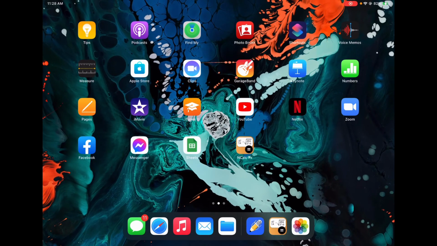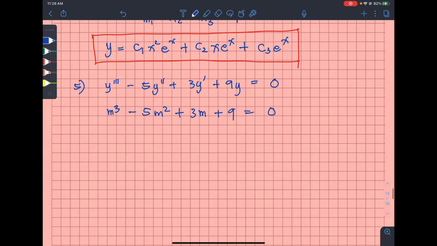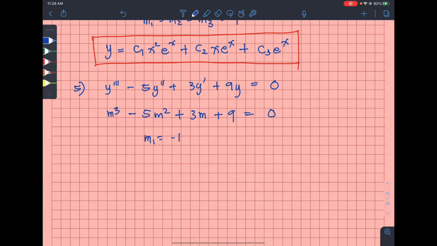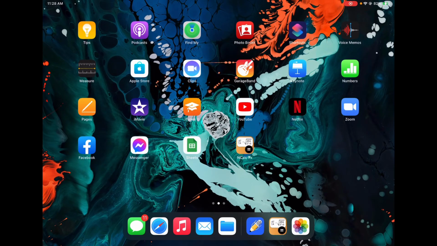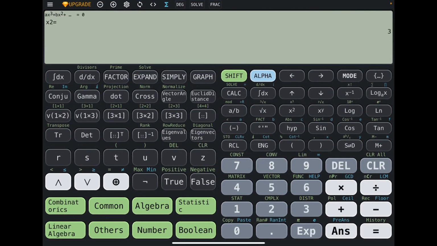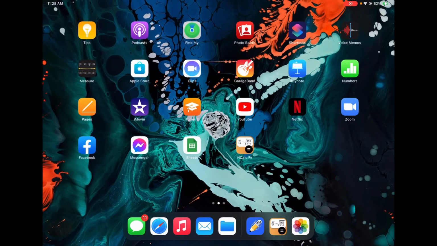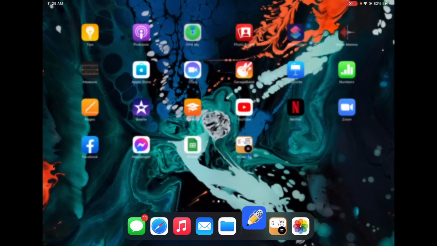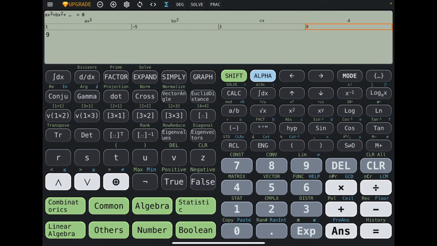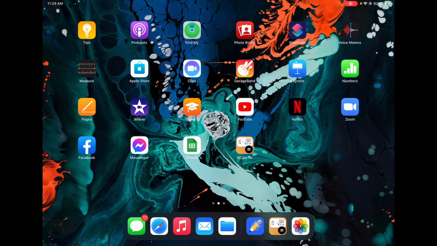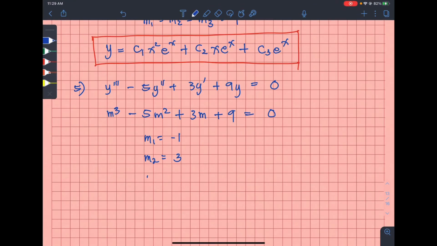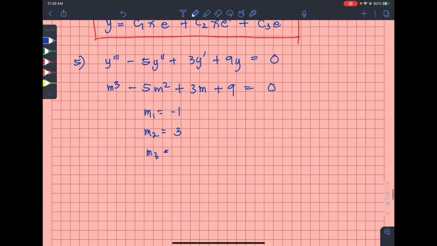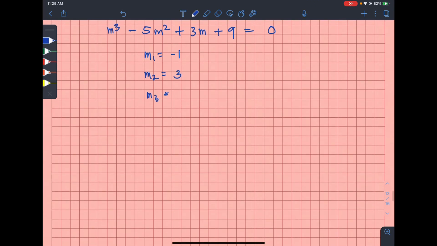The second root is positive 3. And then the third root did not show. It only showed two, but in reality there are three, since this is a third degree equation.